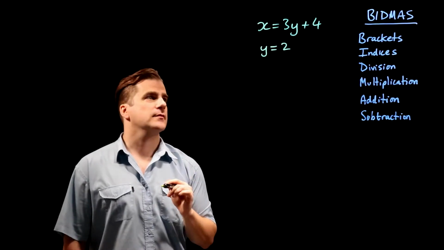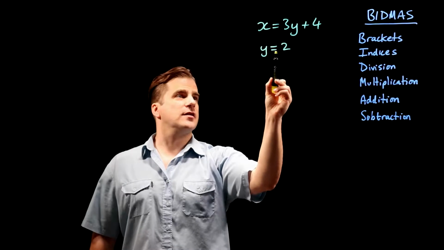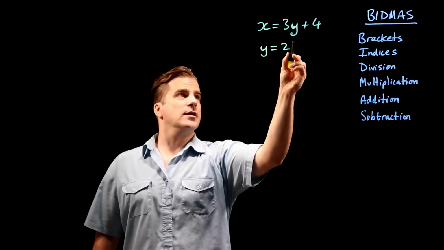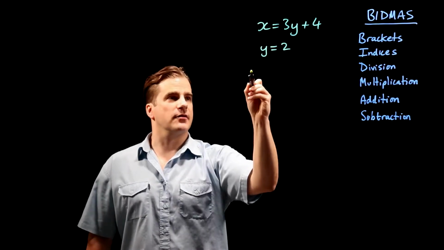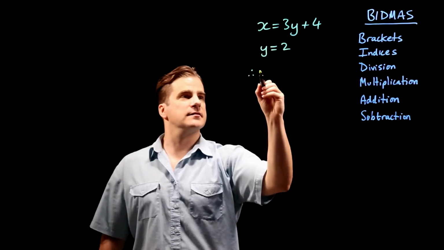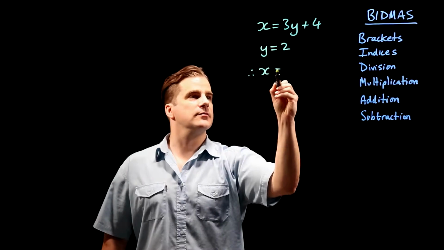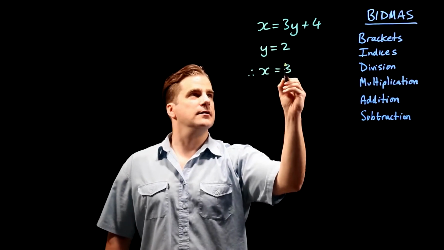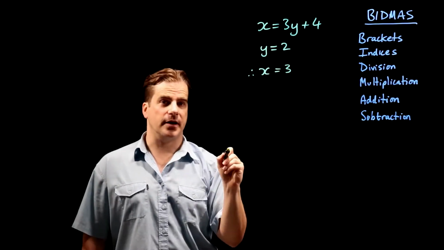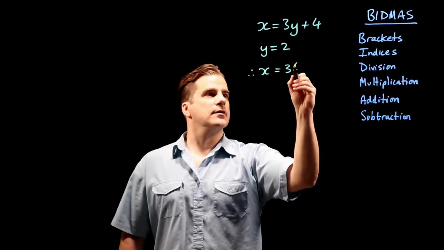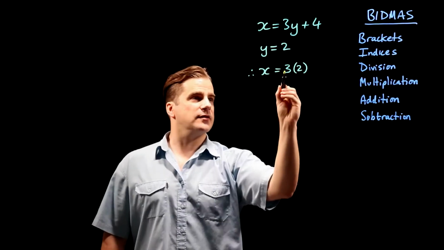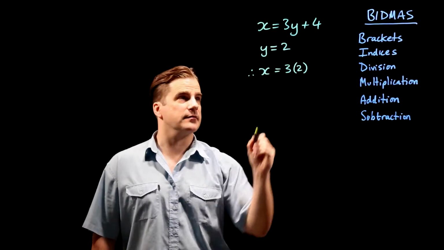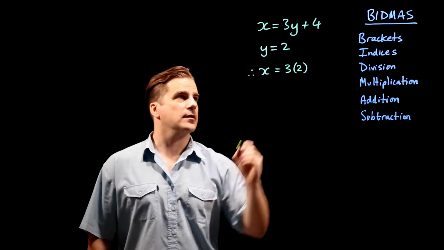So that means you have to substitute in 2 into this expression here. So therefore x equals 3, always use brackets when subbing in. It's 3 times y, it's 3 times 2, but use brackets because y is 2, plus 4.